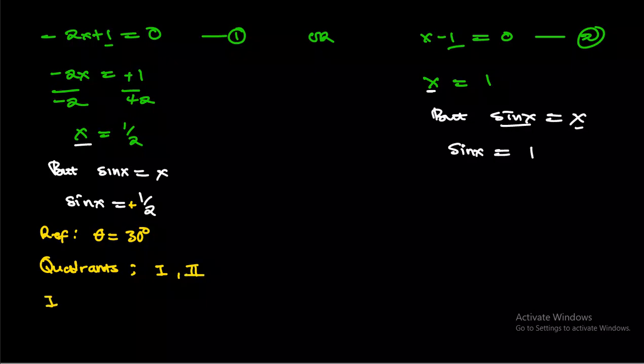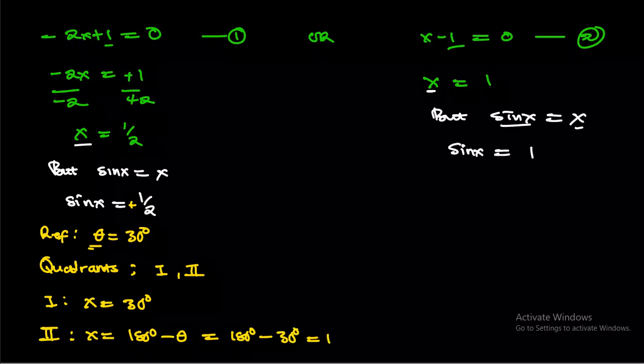In quadrant 1, x will be the same as the reference angle, so we maintain the reference angle. In quadrant 2, the angle is 180 minus the reference angle, which is 180 minus 30, which gives us 150.